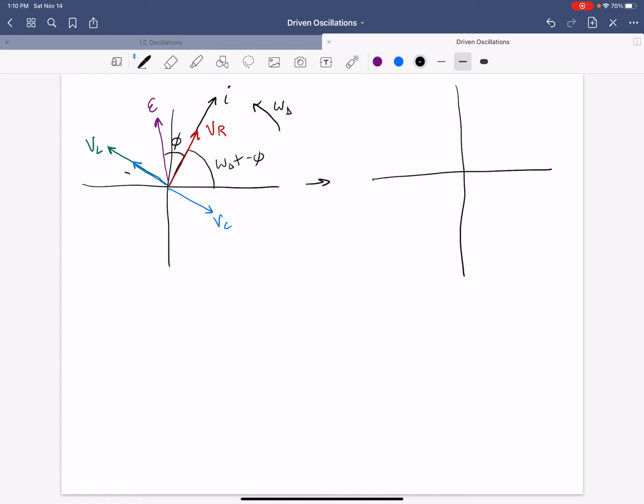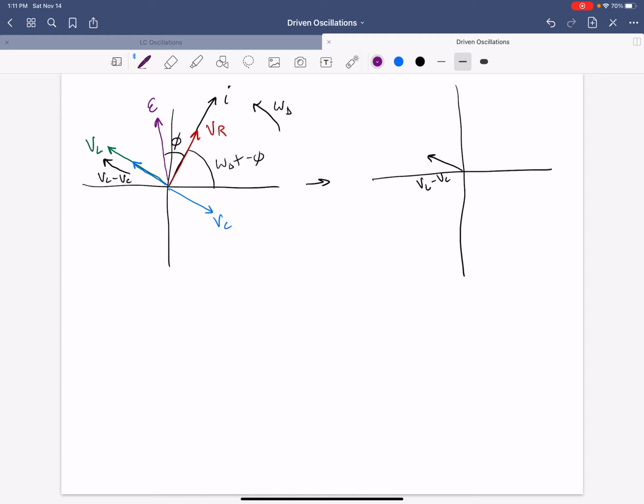So in black here, that is VL minus VC. That's what the arrow in black is, and that is what I'm going to graph over here. So we have VL minus VC, the difference between those two voltages, as a phasor diagram.